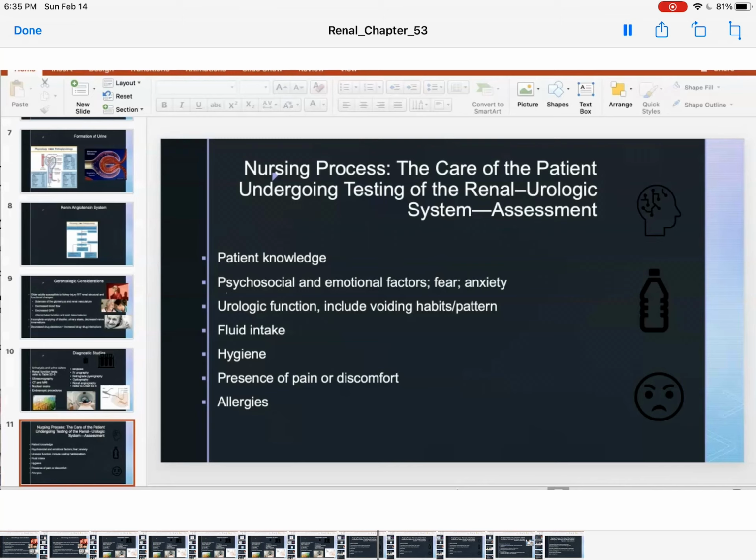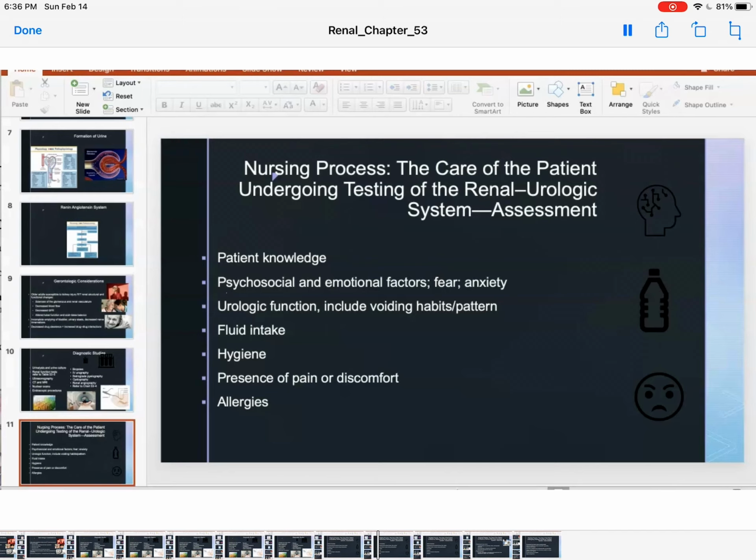Just talking to the patient through the procedure so they know what to expect will help ease that fear and anxiety for some. Explaining to them that we're looking at the neurologic function, which will help to explain if they are having any issues with voiding. And it'll also help them to understand anything else that may possibly be going on urologically.